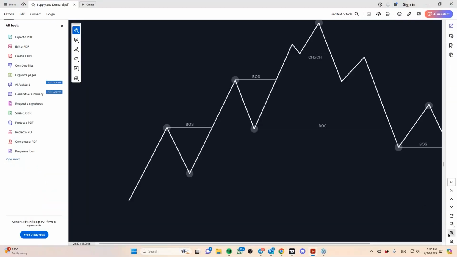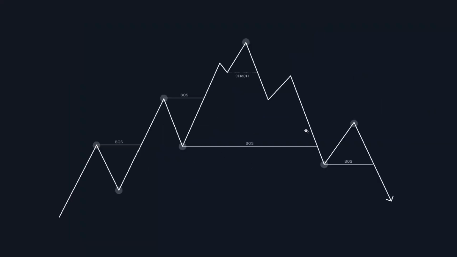So if you go back to this slide, at this point in time, this is a swing low, this is a swing high. The 50% mark probably is somewhere there. If you want to trade the pullback, the change of character happens, the pullback happens here. In this case, we're still in premium.